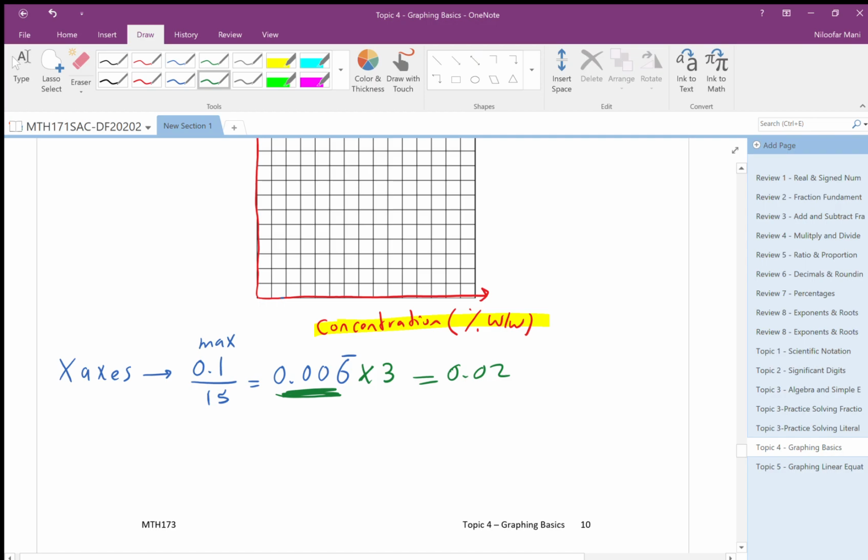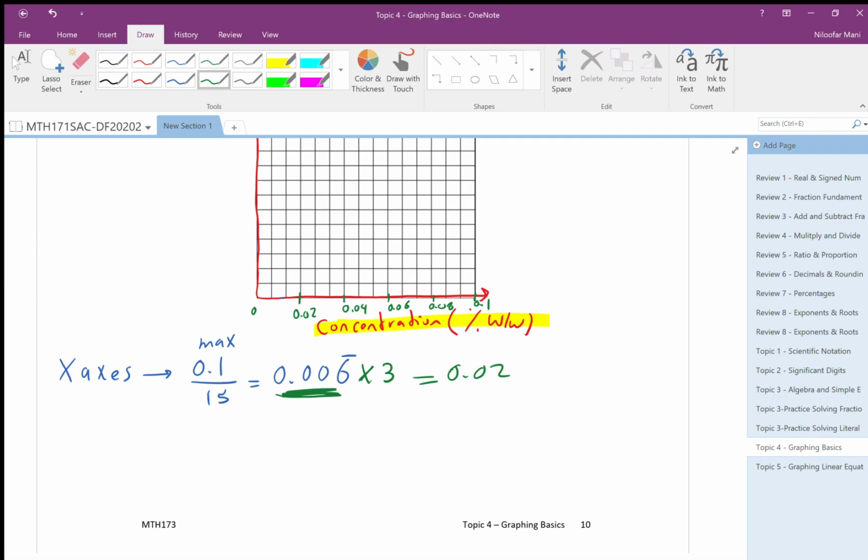I am showing 3 by 3 equals 0.02. So I start from here: 0, 0.02, 0.04, 0.06, 0.08, and 0.1. Oh, perfect. I have from the minimum to the maximum, I have all the points there.